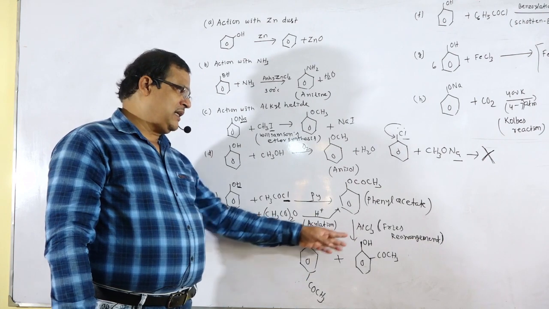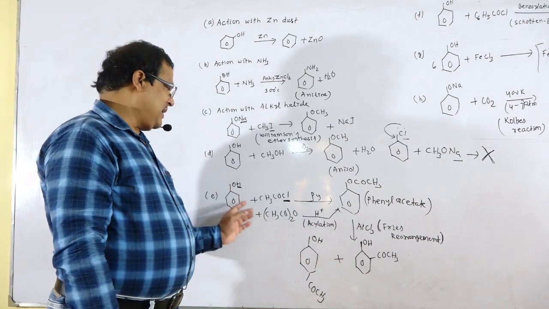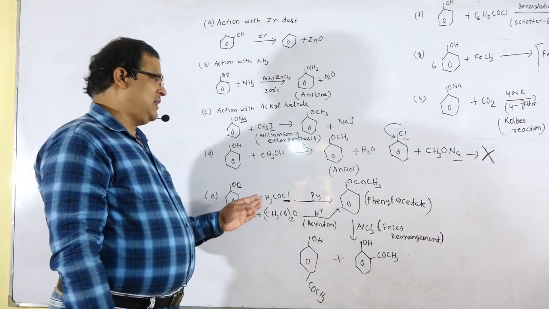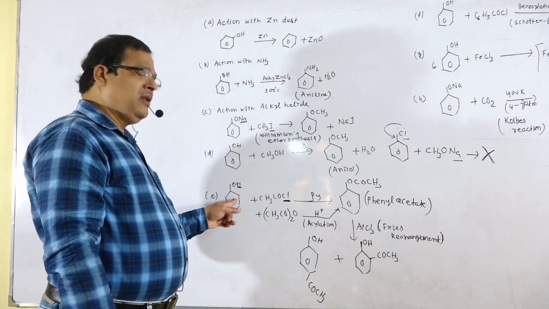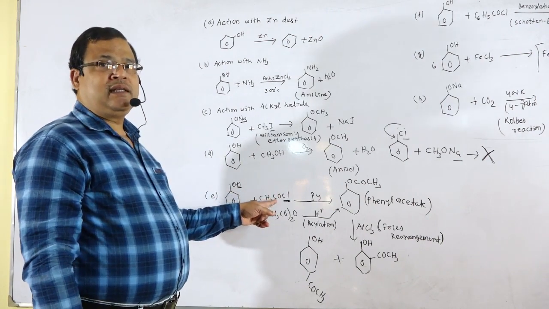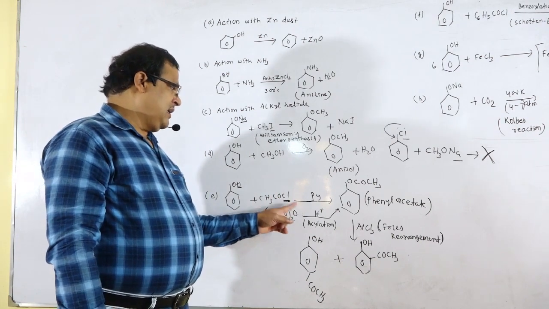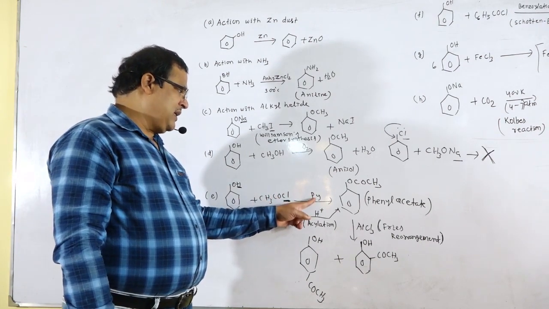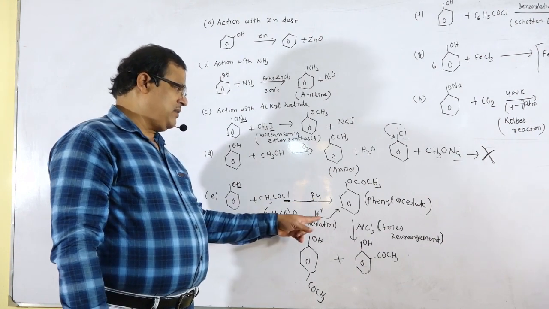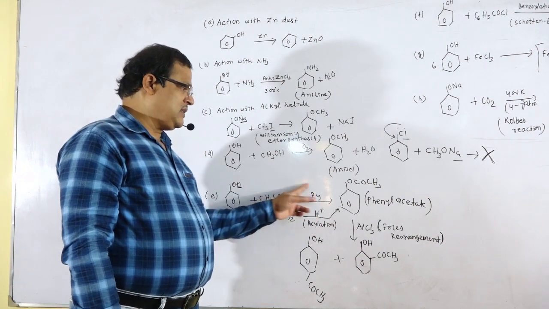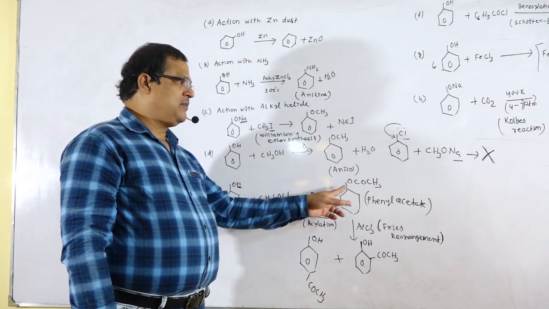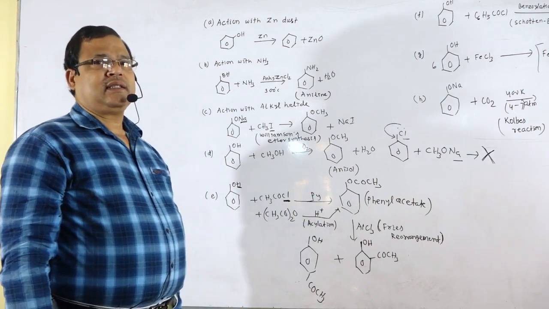This reaction is known as Fries rearrangement. But this other reaction is known as acylation: phenol treated with acetyl chloride in presence of pyridine, or acetic anhydride in presence of mineral acid, is known as acylation, and there is the formation of phenyl acetate.